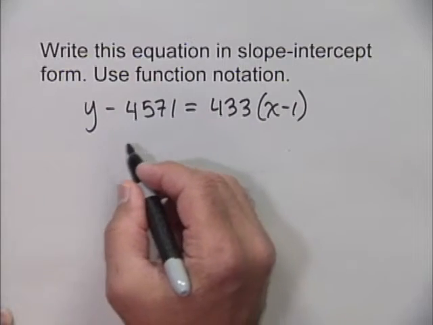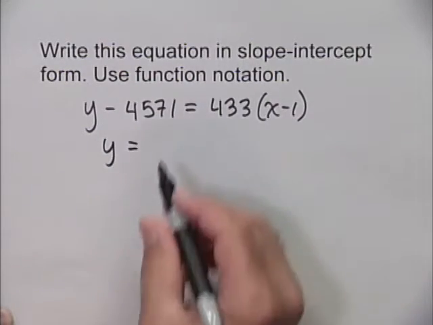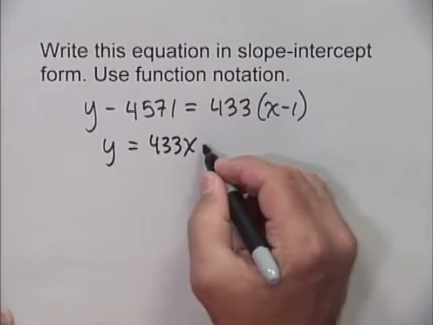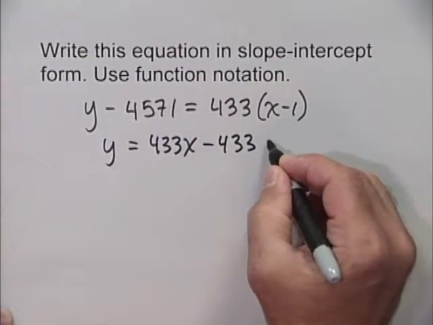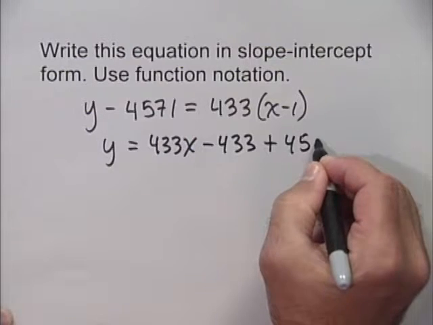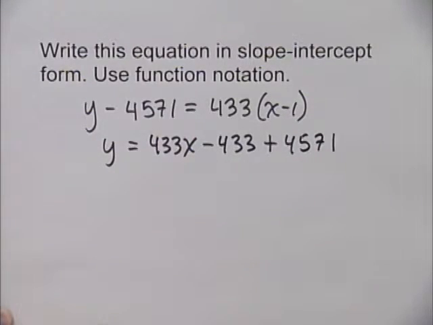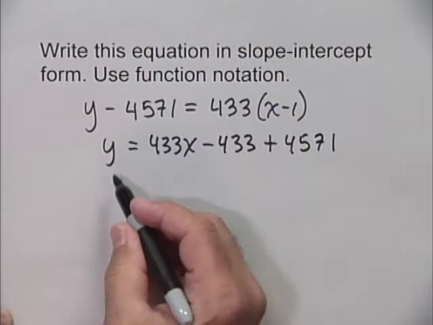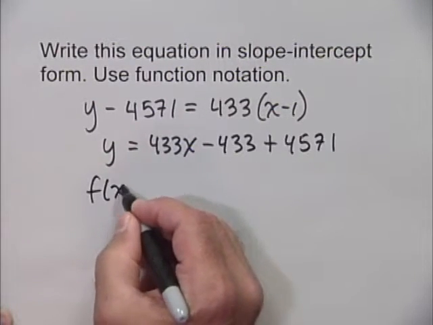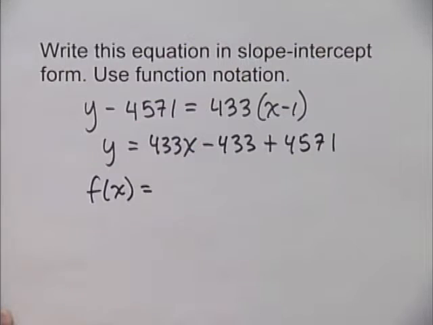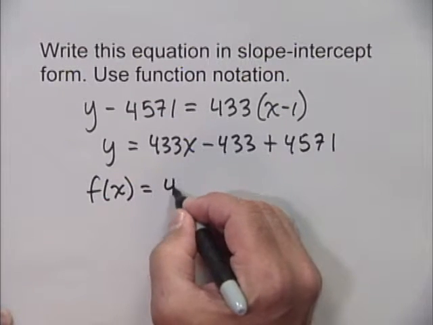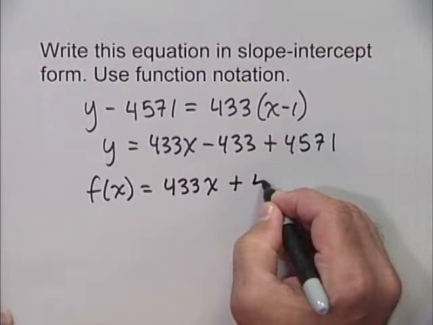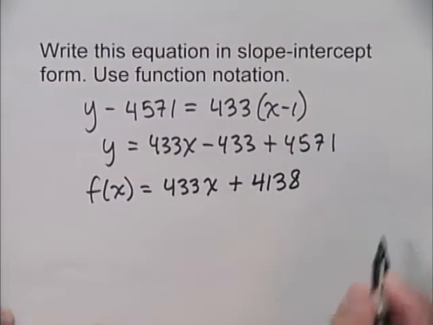So we would have y is equal to 433x minus 433 plus 4,571. We also want to use function notation, so now I will substitute f of x for y, and that's equal to 433x plus 4,138.